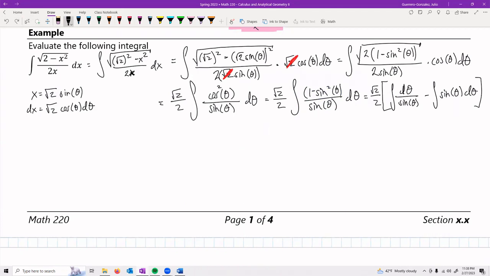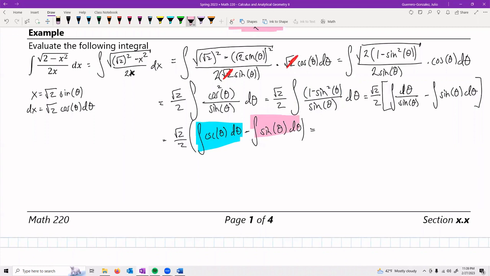Now, what we have here, let me rewrite it one more time. Root 2 over 2 times the integral, 1 over sine is cosecant, theta d theta, minus the integral of sine of theta d theta. I'm going to do both of these separately, since both are integrals we know how to handle now.